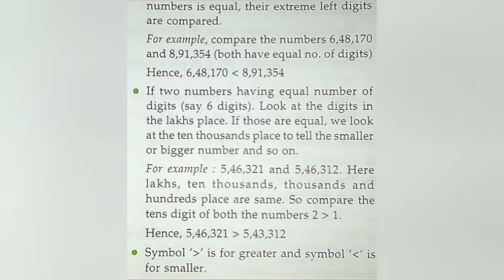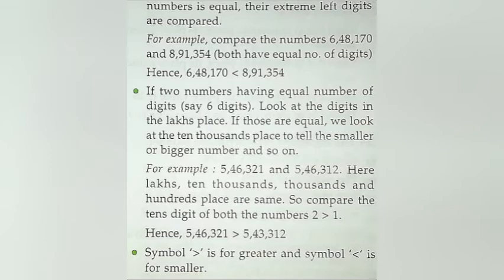For example, compare the numbers 6,48,170 and 8,91,354. Both have an equal number of digits. Here there is no 10 lakhs place, just the lakhs place. So you have to compare the extreme left, that is the first digit of each figure. Now we are taking 6 and 8.